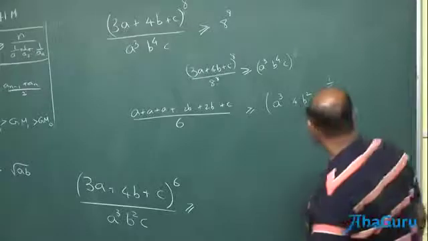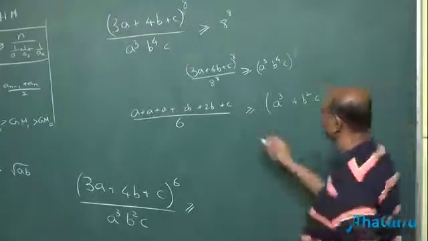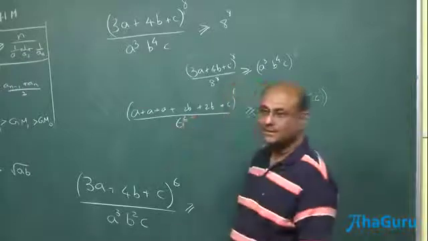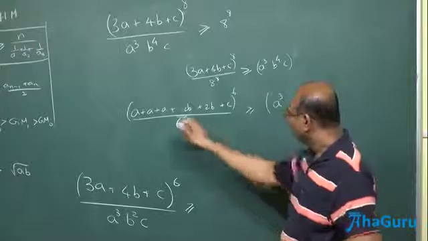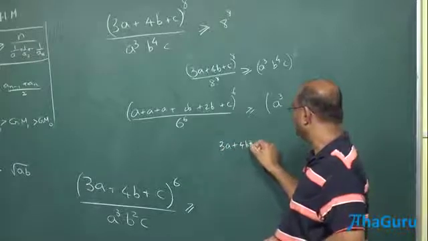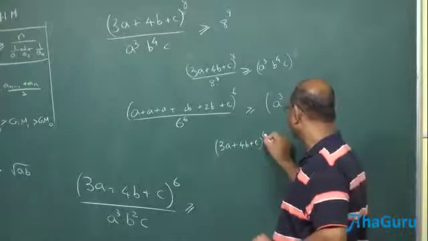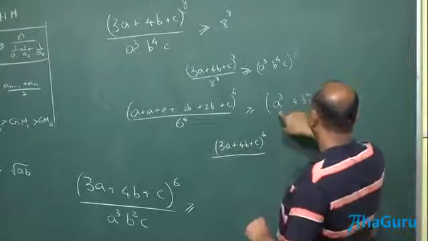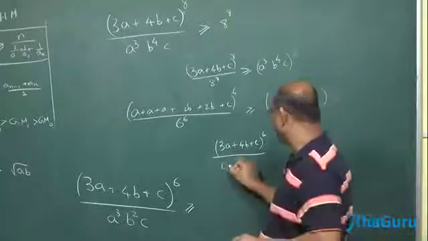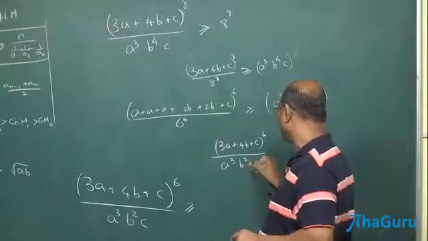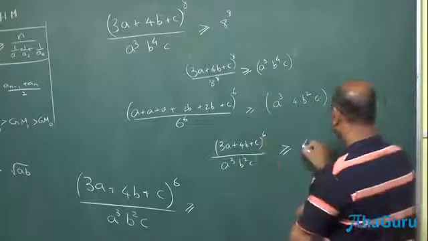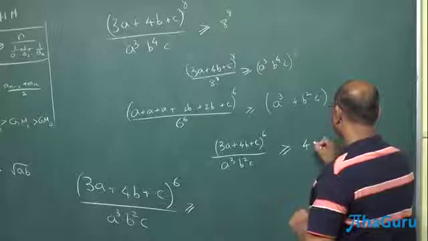So if I raise both sides to the 6th power, so I'm going to get this power 6 and this power 6. Now notice, this fellow is 3a plus 4b plus c power 6 by a cube b square c, that's all I want. A cube b square c is all I want. So the 4 is still left there. So it's 4 times 6 power 6.